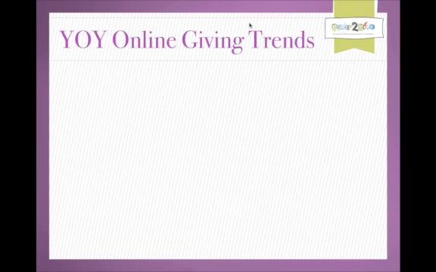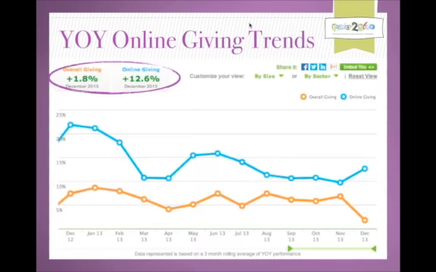The other graphic that we're particularly intrigued about is this one, showing year over year online giving trends. Each of these months is a comparison of the current year to the previous year. And you can see how giving trends take place throughout the year. You see a fairly big spike at the beginning of the year, a little spike up at the end of the year.